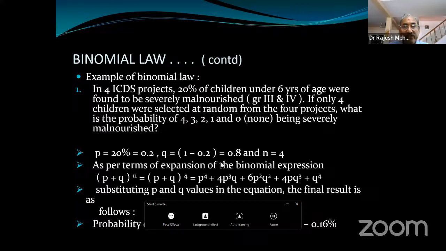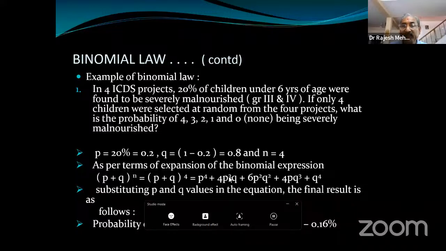Now, as per the terms of expansion of the binomial expression, when P plus Q to the power N, for example N is only 2, then it is P square plus 2PQ plus Q square. That is the simplest, we know it. But when it's 4 or 5 or 6, you may have to use mathematics. And this will tell you the probability, right?